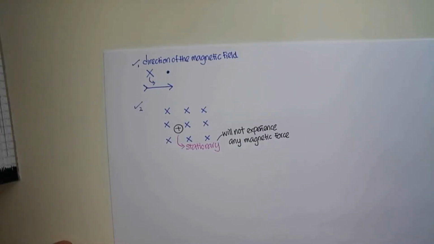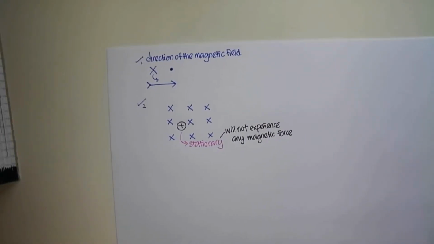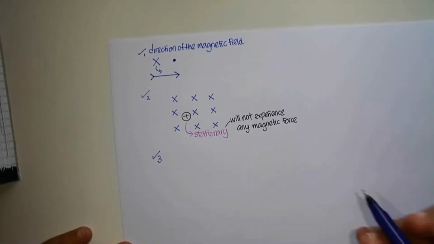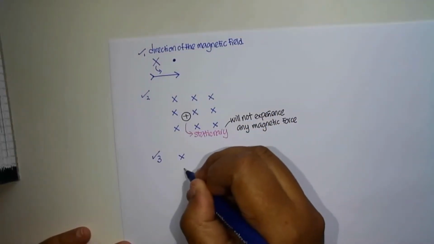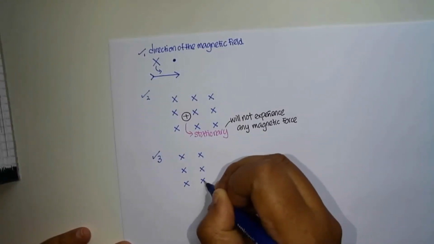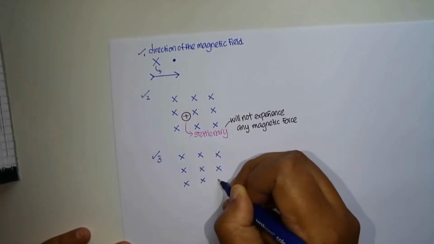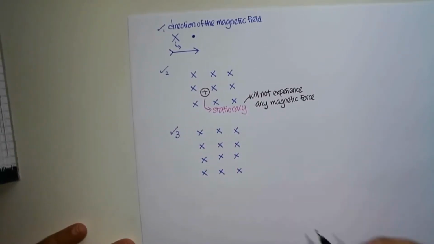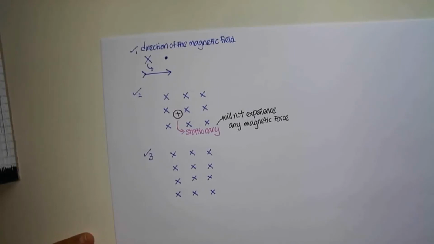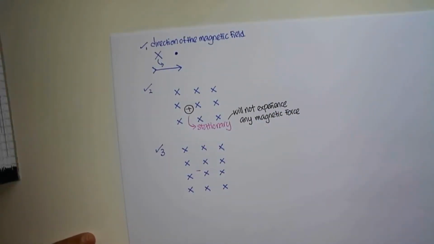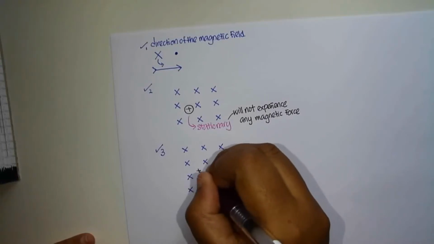Okay, point number 3. You have a magnetic field, still into the page. The direction of the magnetic field is into the page. You have a charge, which I'm going to put as a positive charge.